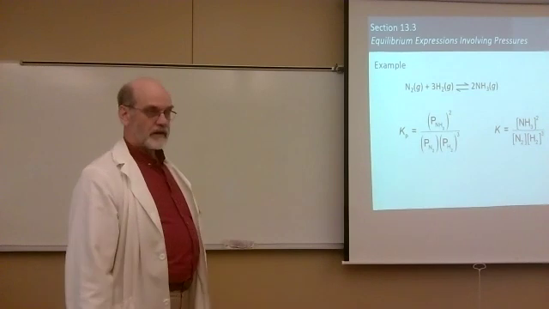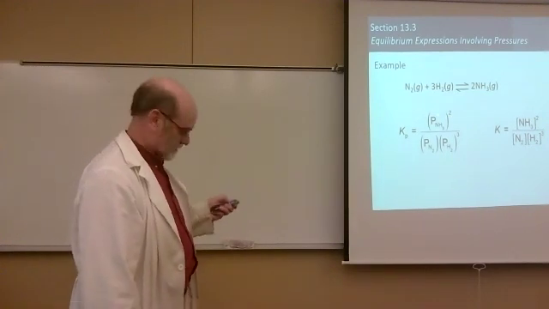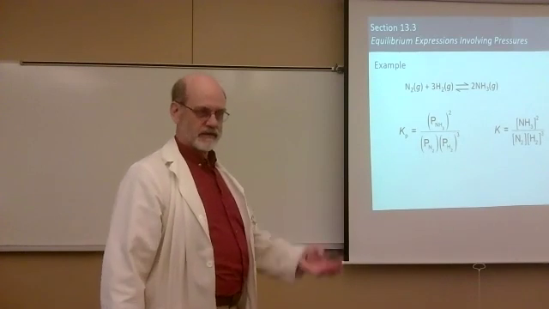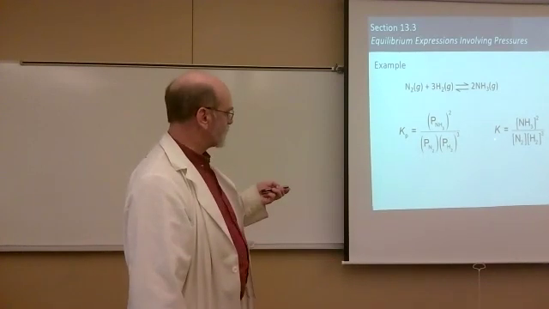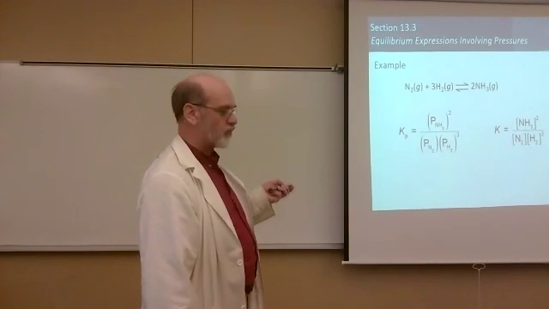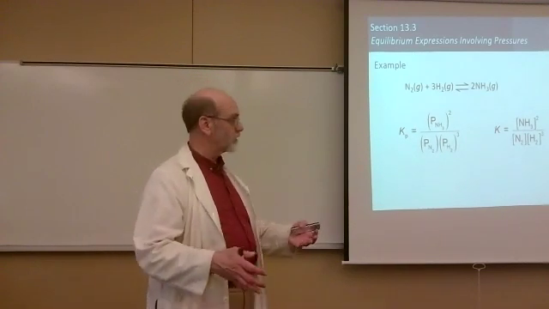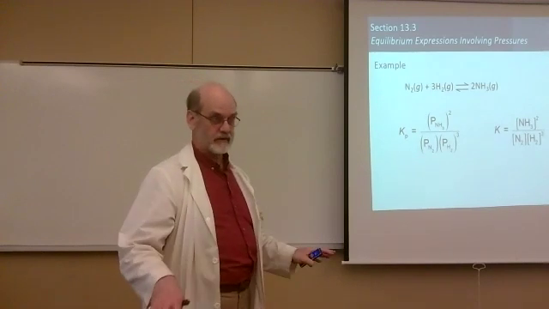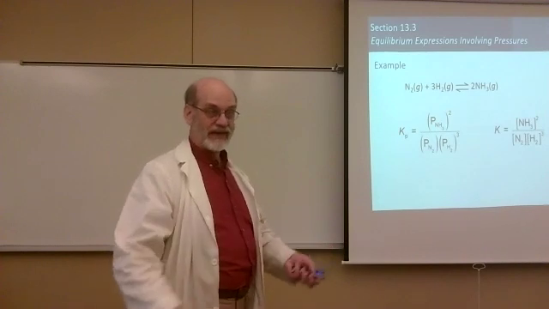And you still use the coefficients as exponents? Yes. Still use them just like the mass action equation says to. This K will be different than that K because partial pressures are in, say, atmospheres, and this is molarity. So the values are going to be entirely different, but we can relate them.